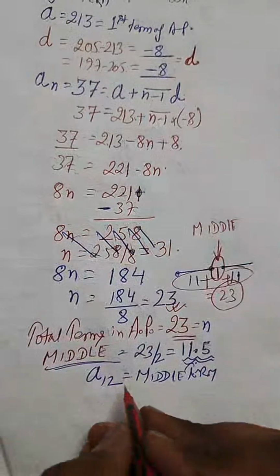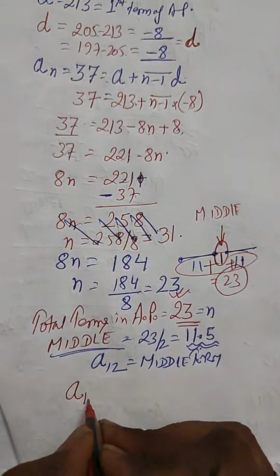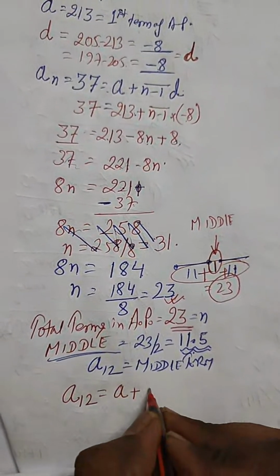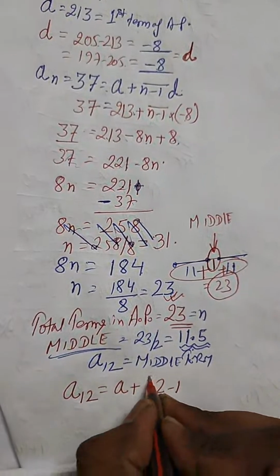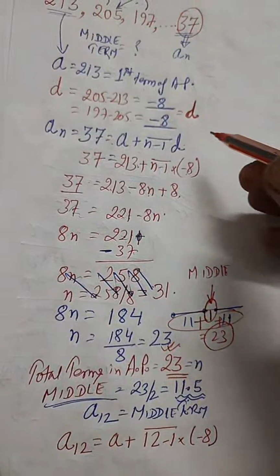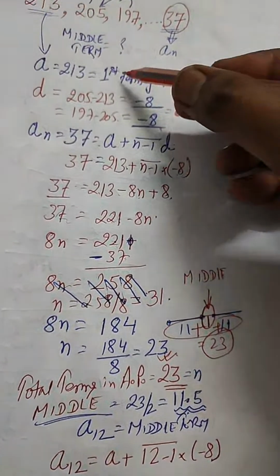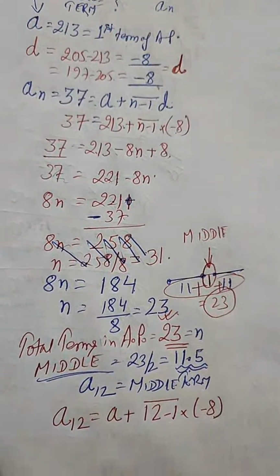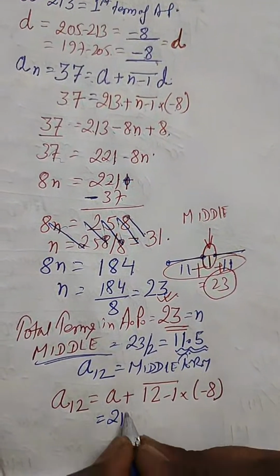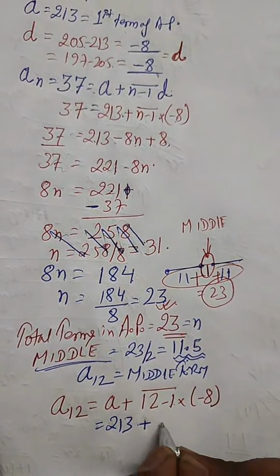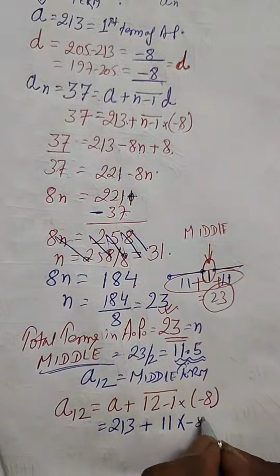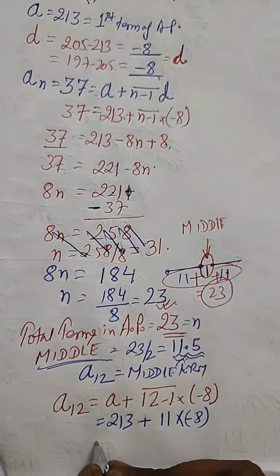So what is the value of the 12th term which we need to calculate? It's A plus n minus 1, that is 12 minus 1, into D. The value of D is minus 8. We have already calculated D, and we already know the value of A, right? So putting the value of A as 213 plus 12 minus 1 is 11, 11 into minus 8 will be minus 88.